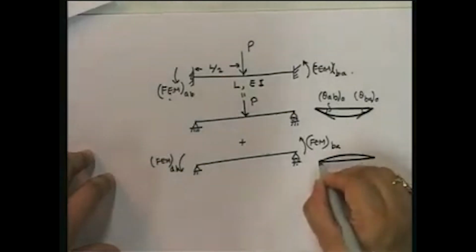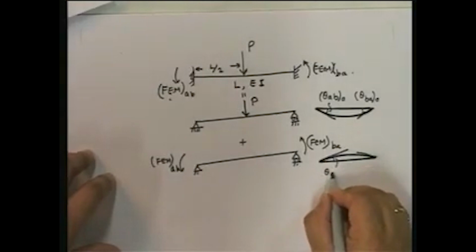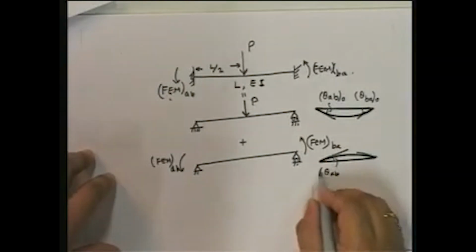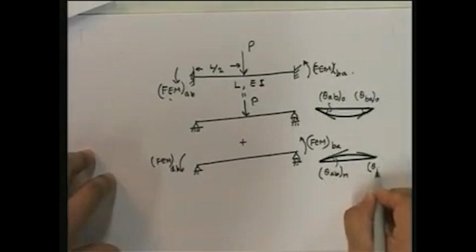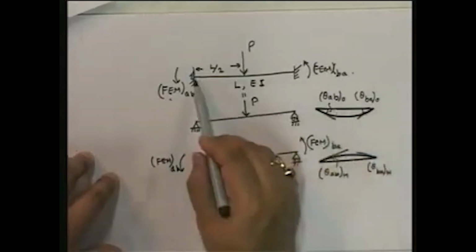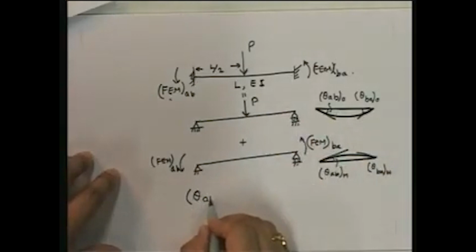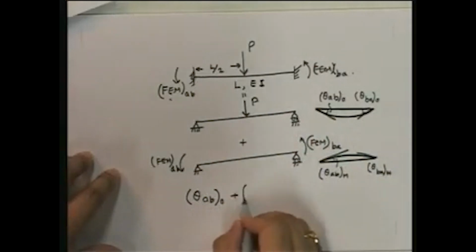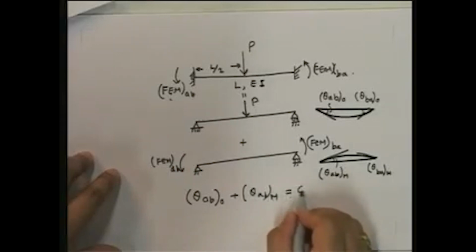Now, what we are going to do is get these theta BA under the moments, and one additional factor that this has to satisfy is that theta AB 0 plus theta AB due to the fixed end moment is equal to 0.